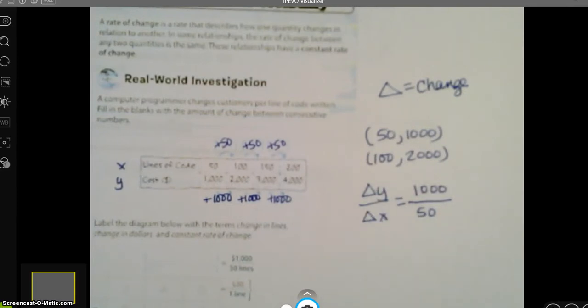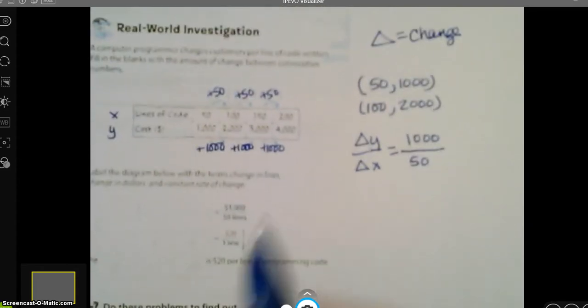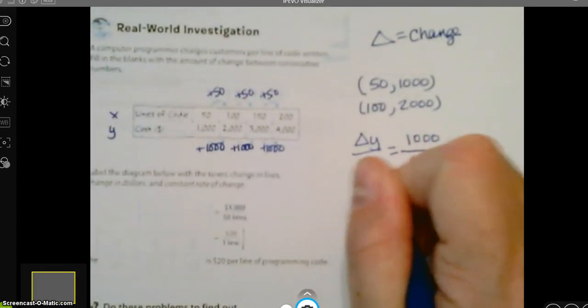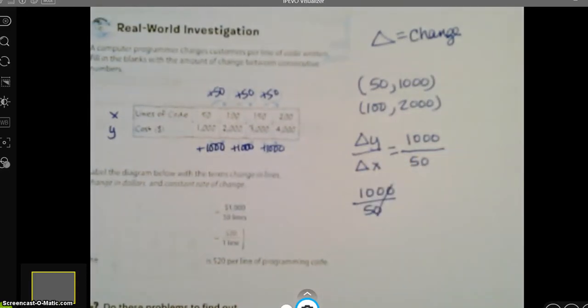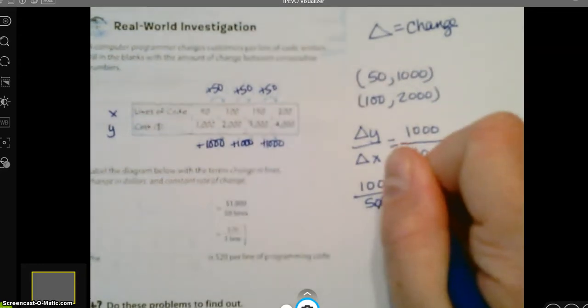However, you and I know we like to simplify. So I'm going to kind of do this on the next line just so that we have some room here. 1,000 over 50. What I would do is cross off those zeros. So now I have 100 over 5. So I can divide that, or I can just simplify.